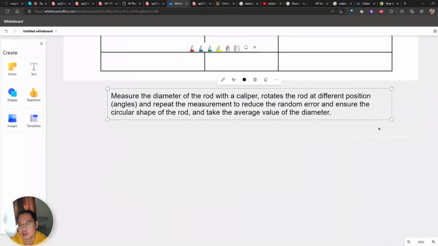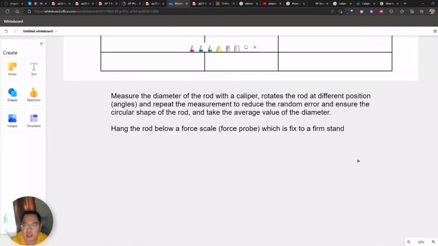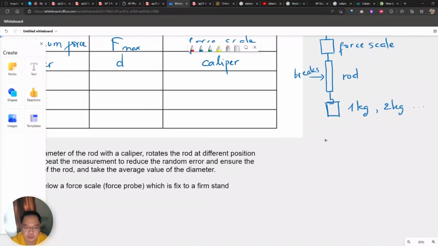Okay, the second step: hang the rod below a force scale, force probe, which is fixed to a firm stand. And you can include a diagram like this, okay?